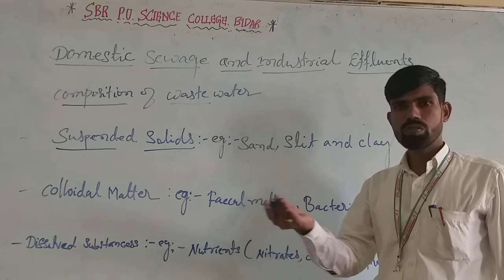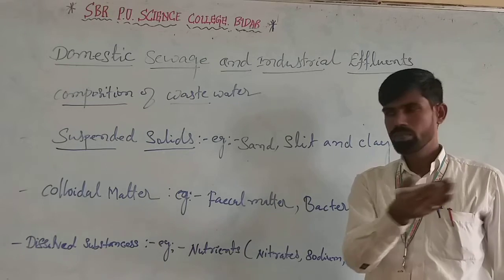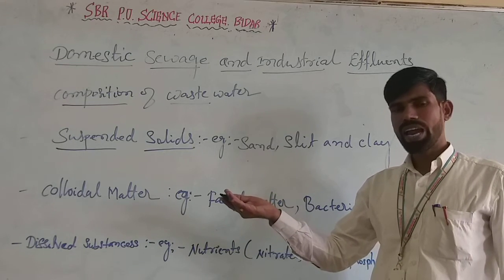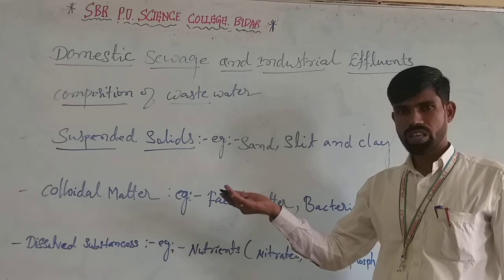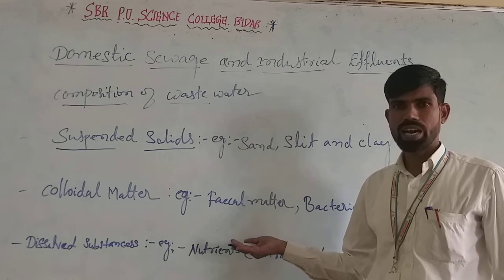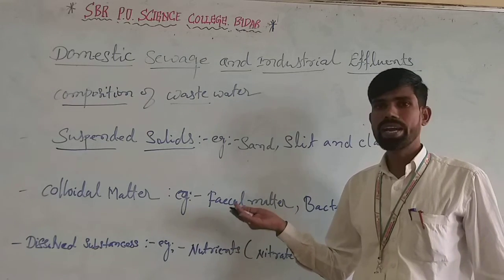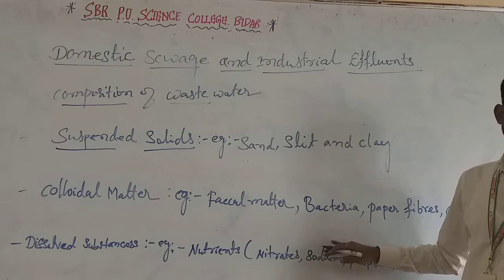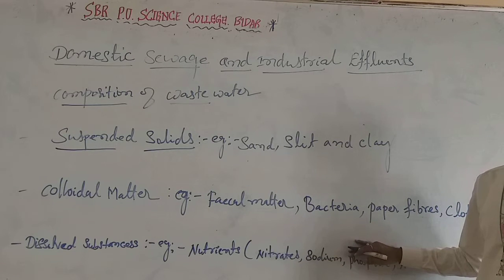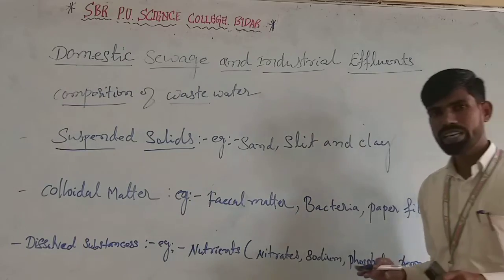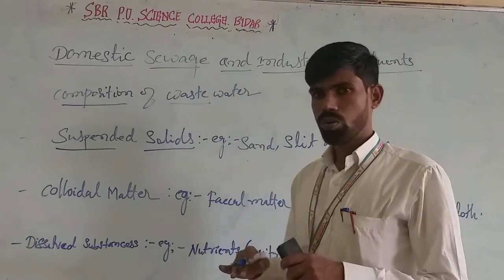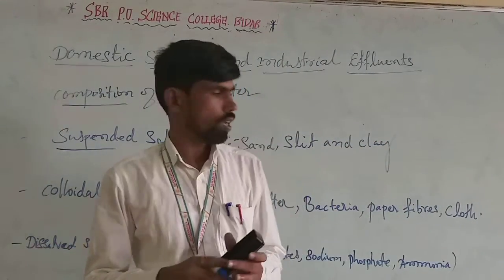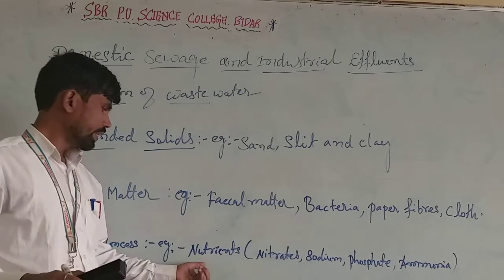In polluted water, you see plants floating on the surface of the water. Aquatic plants grow abundantly in polluted water. Also, you see algal blooms. Algal blooms means algae grow luxuriantly on the polluted water. Why? Due to the nutrients.